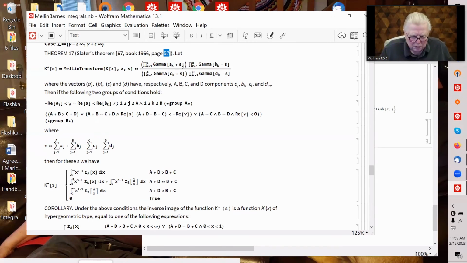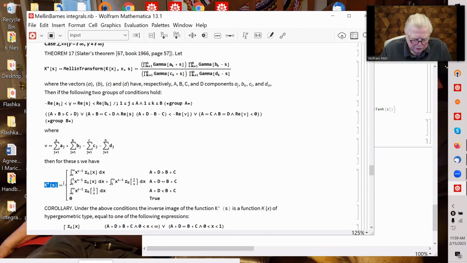It sounds like the following. We have the Mellin transform, and then we have the following result.